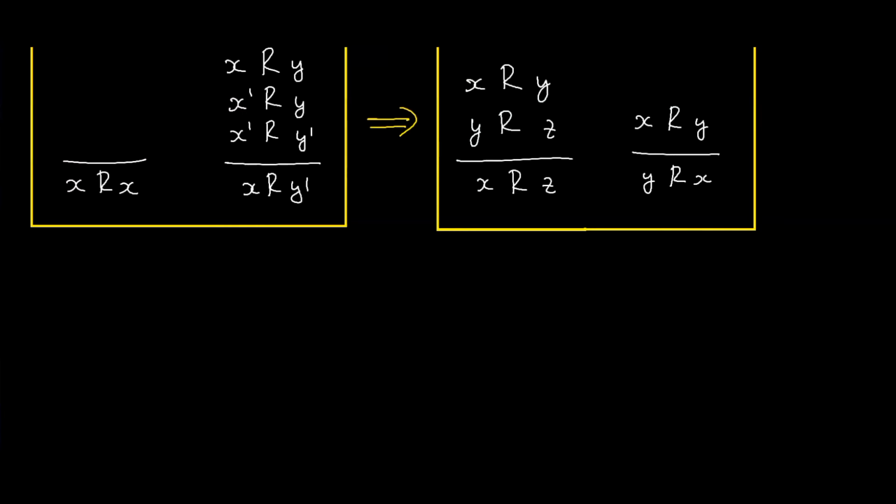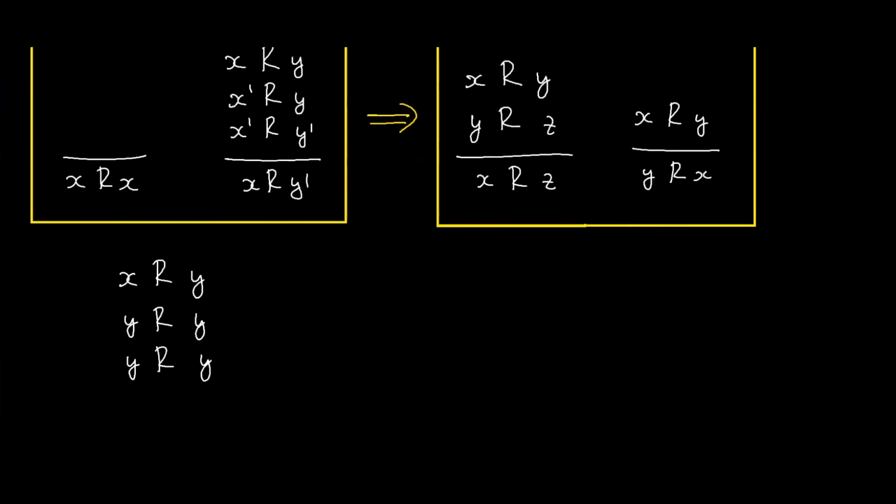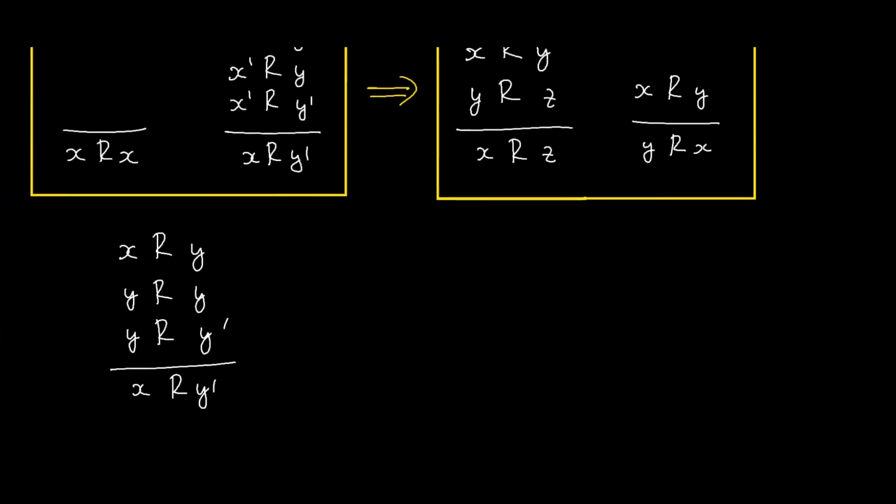So let's apply this rule, the rule of difunctionality, in the case when x prime is y. Then we get x r y, y r y, y r y prime, which gives us x r y prime.